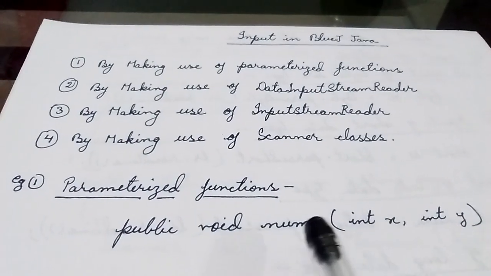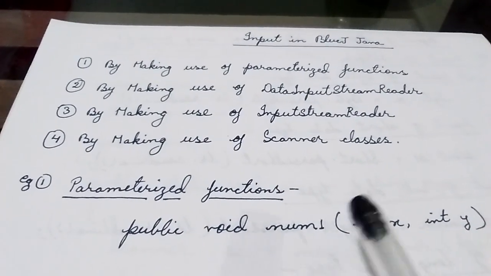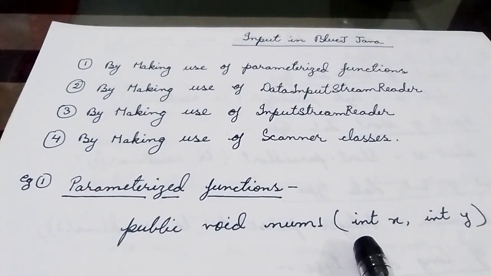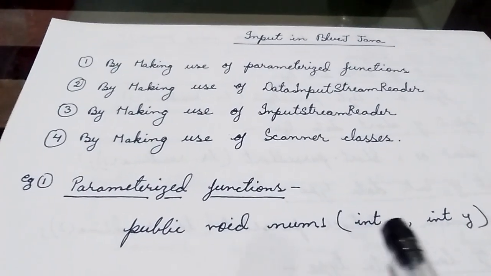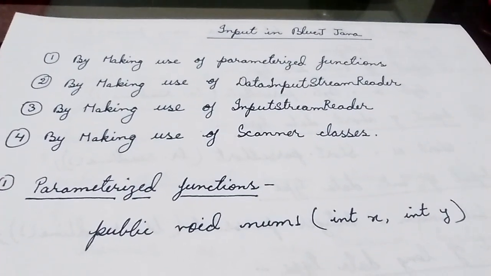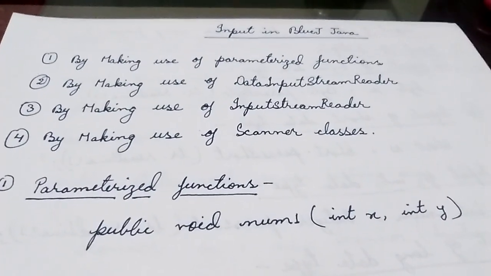So in this function num1, we have to pass 2 values to run or execute it. The parameterized way of working with functions will be more clear when we deal with the function chapter.